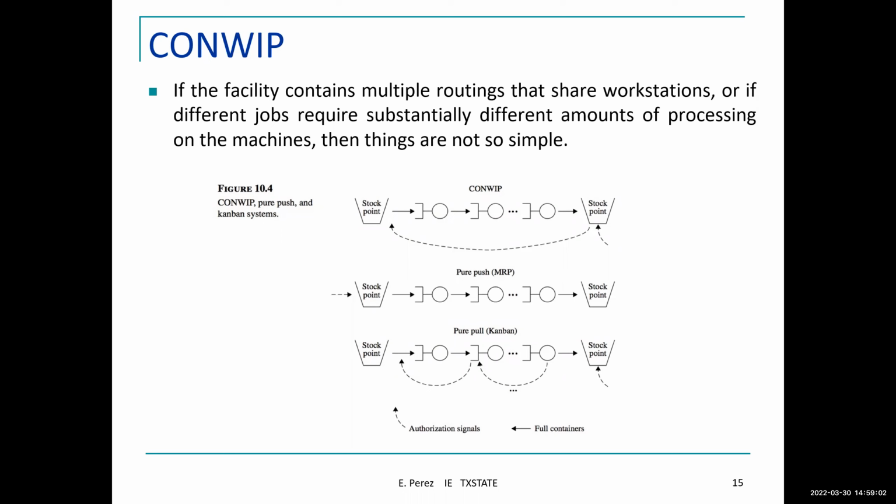As you can see, at the top we have the CONWIP, in which you put a signal every time the last station has a completed part. You put in a signal at the beginning of the process. In the push, you have the signal at the beginning, so you're pushing those parts through the system. And in the pull, you're putting these signals on every station.